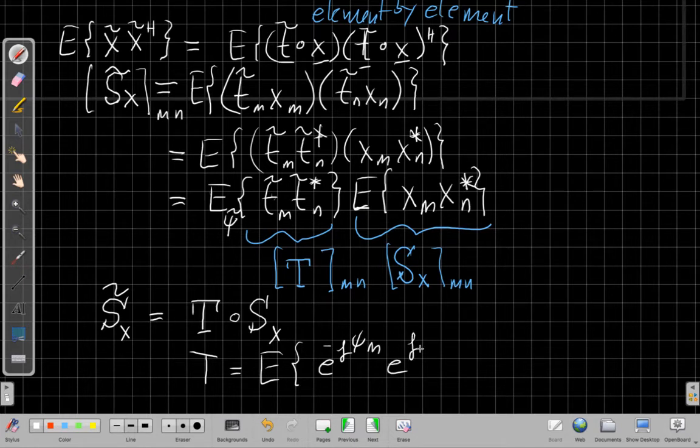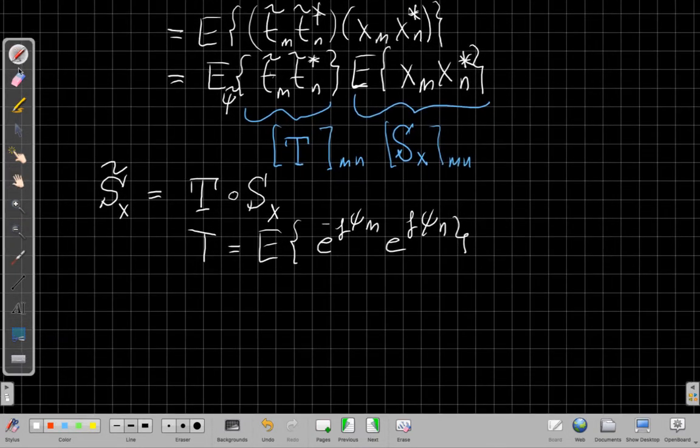So the second term, the conjugate flips the sign, and I get this. And so capital T is in that form. And so it's the expected value of, and these are the tildes, of psi tilde n minus m, expected value over the psi tilde.